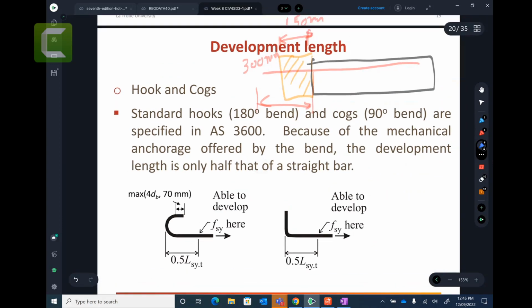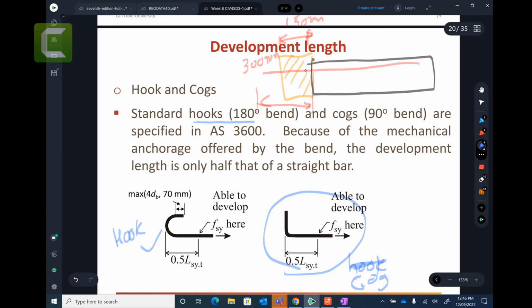So what the standard is saying is that you can use the cog and hook. The hook is a 180 bend. So this is your standard hook, and this one, this is 90 degree, meaning the cog, and this 180 degree is your hook.